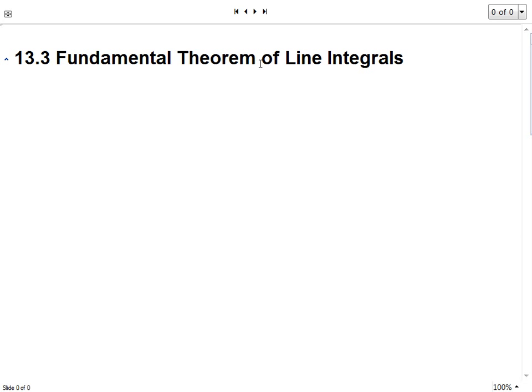Okay, what are the fundamental theorems that you've learned in your math life? Before the fundamental theorem of calculus, anybody know the fundamental theorem of algebra? No?